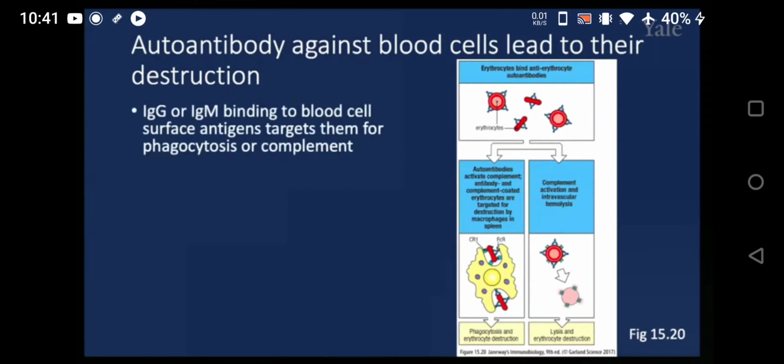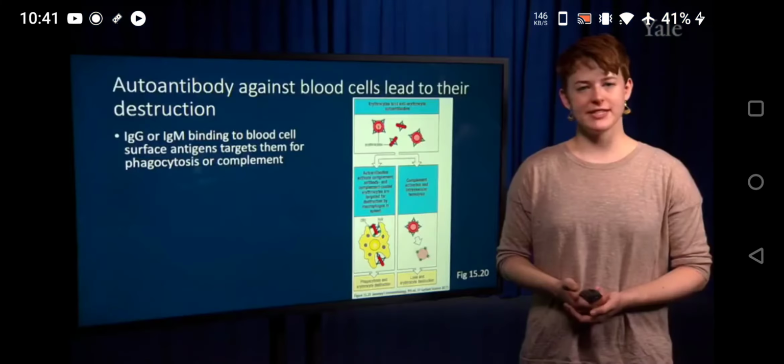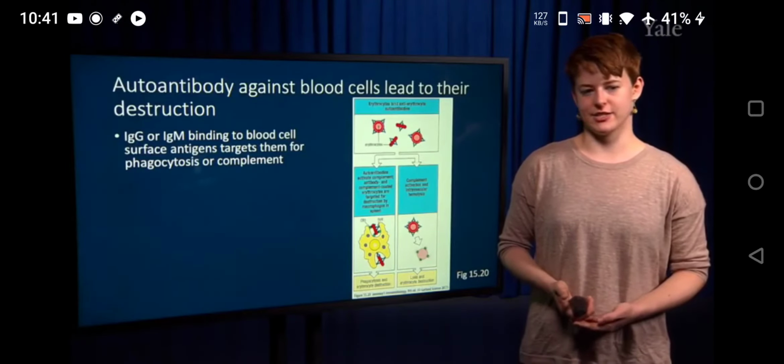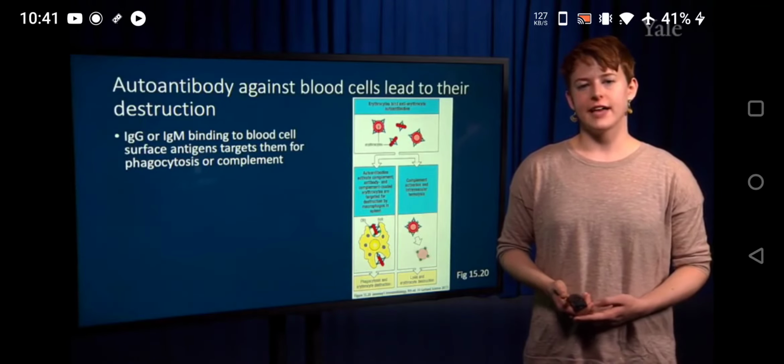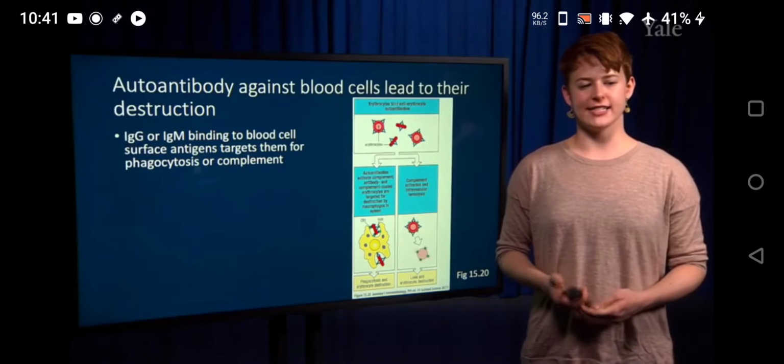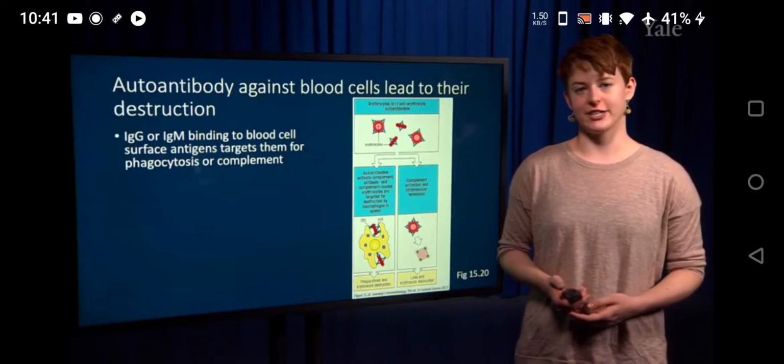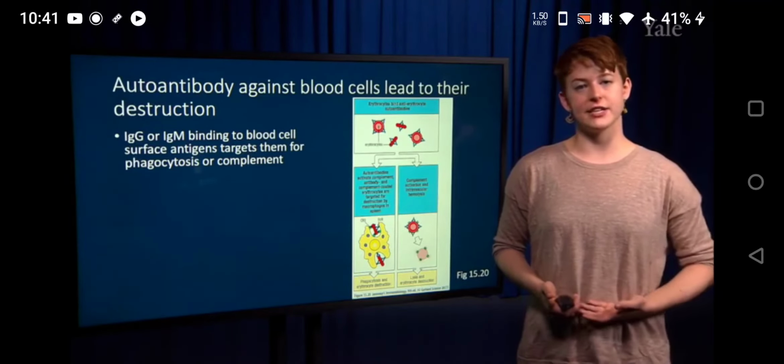So in an individual, they may have IgM or IgG that binds to an antigen on the surface of a blood cell. And this antibody, just as we've talked about previously with antibody opsonization or complement, then targets these cells for destruction, again, either by phagocytosis or by the complement cascade.